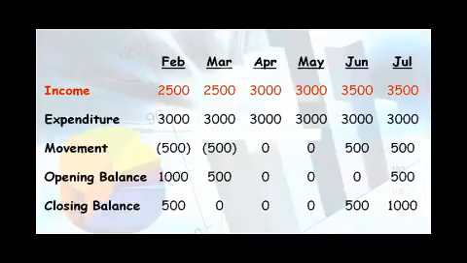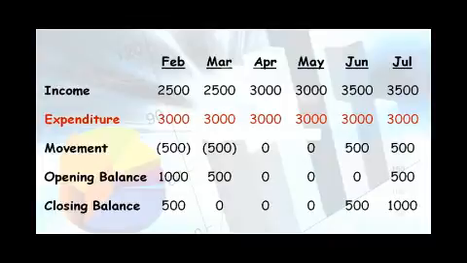Income from grants or loans should also be included here. For the sake of clarity, my example only has one line for income, but it's usual to have a separate line for each income element: sales, grants, loans, owner's capital introduced, etc., and then have this total income line underneath.